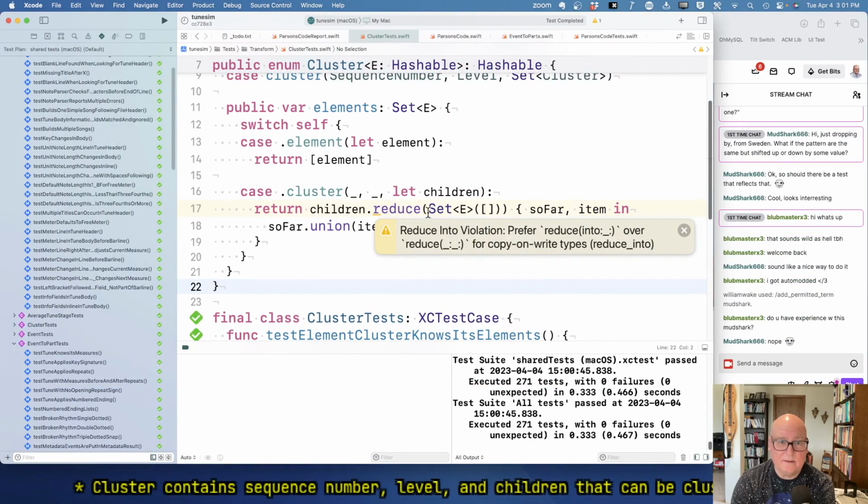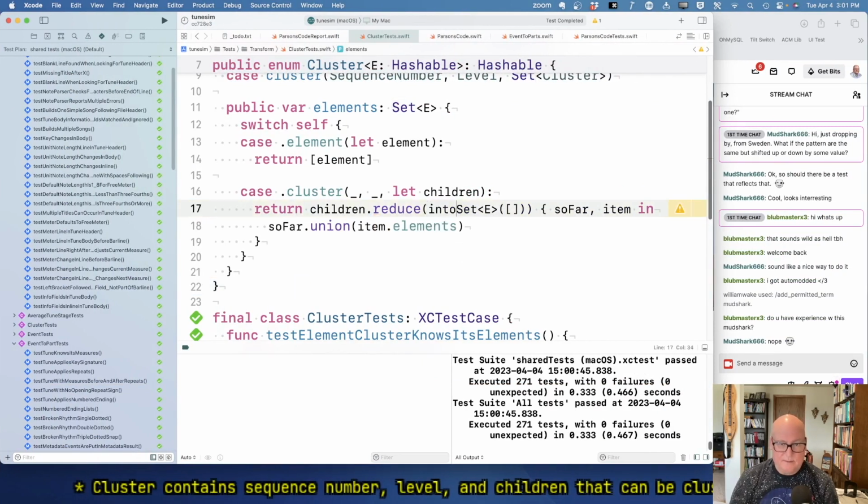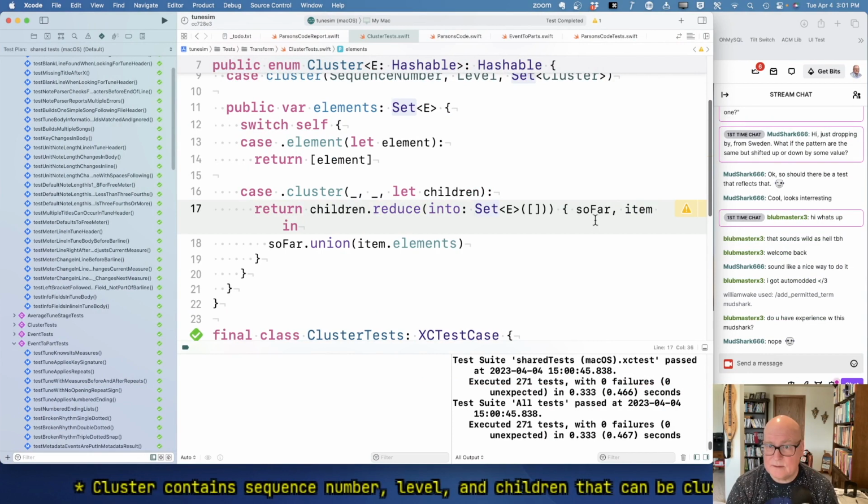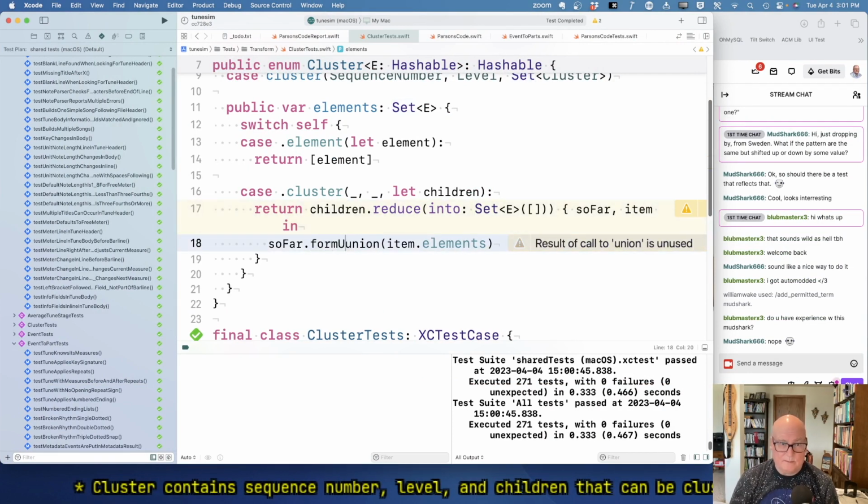Okay. Into this, now we could do form union.